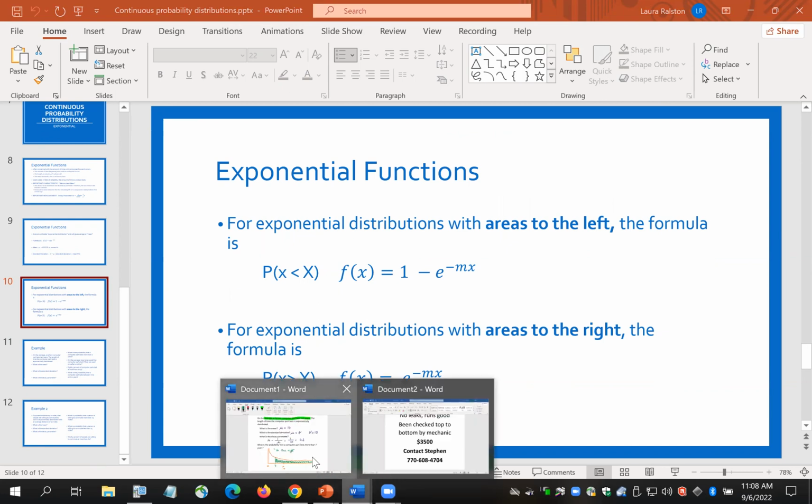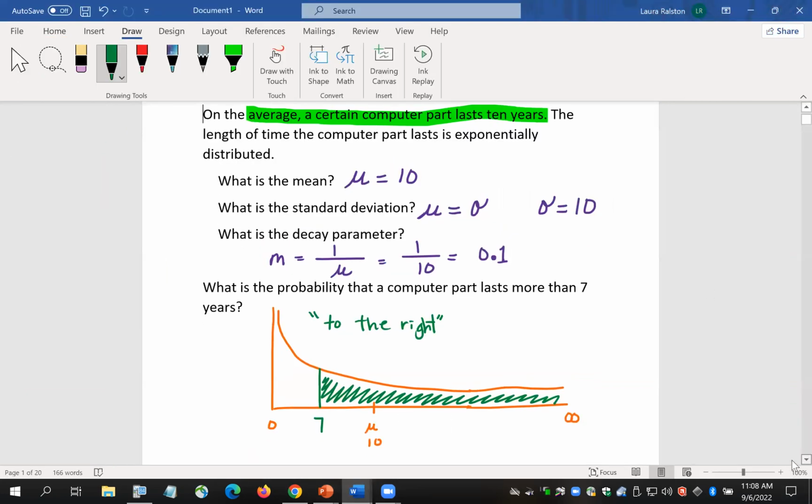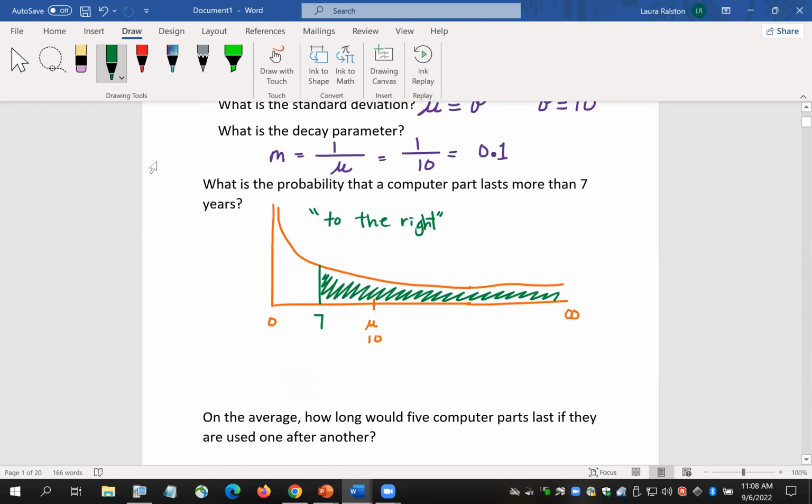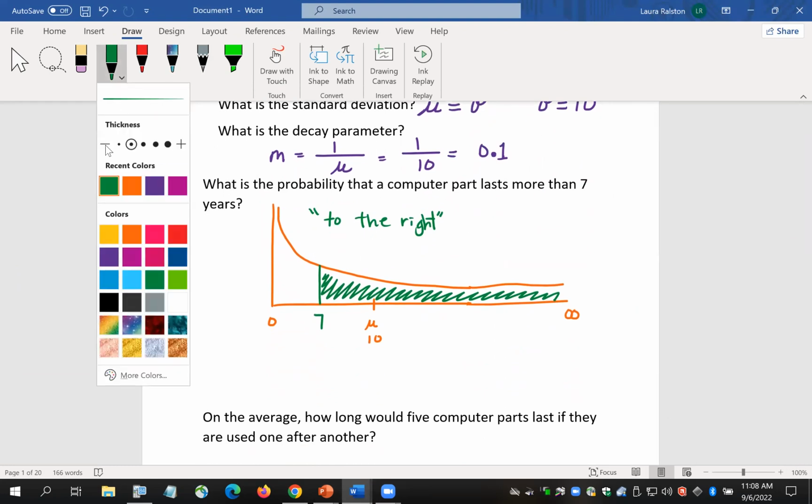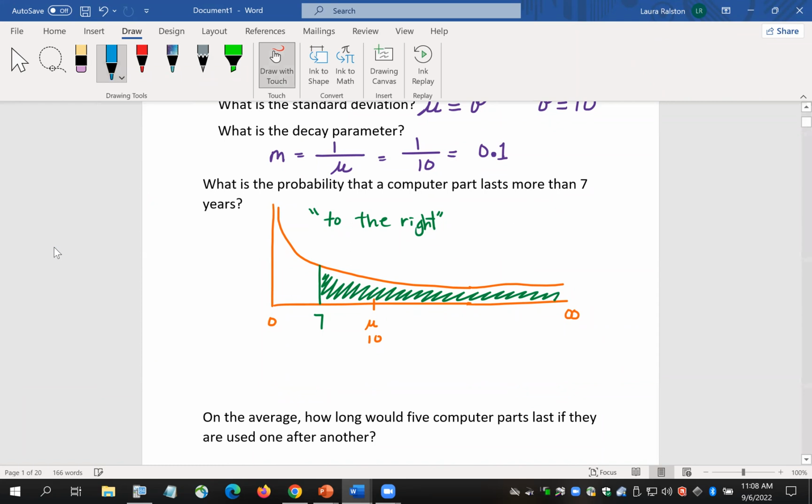The picture helps you visualize it. It's not a requirement to solve the problem, but it may help you recognize that you need to use this formula, F of x equals e to the negative mx power.